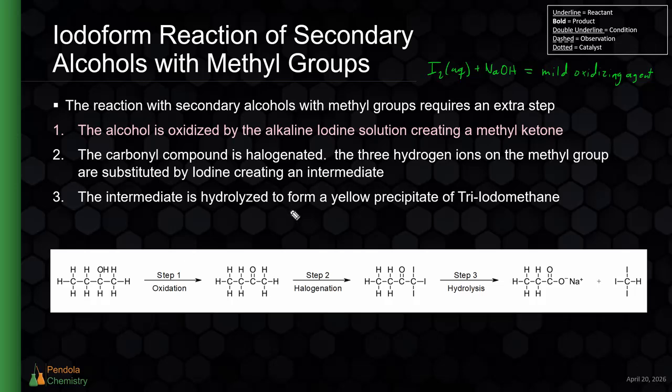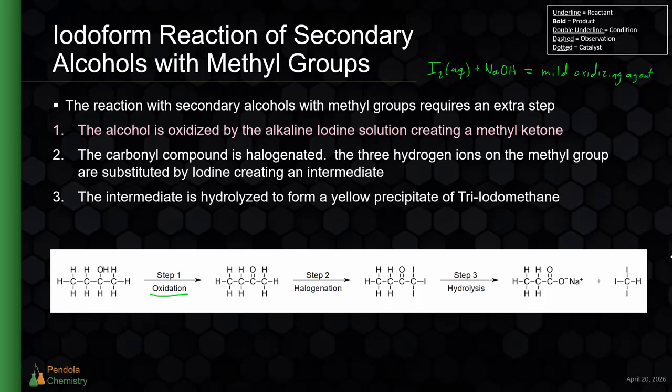So what happens in our additional steps? The middle two steps are the same, halogenation and hydrolysis. But there's an initial step that happens that is oxidation. The alcohol that we have gets oxidized into a ketone.